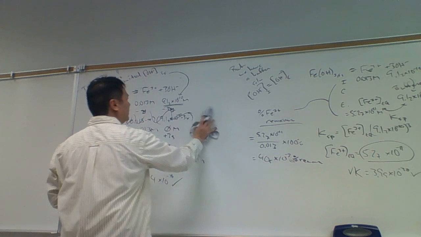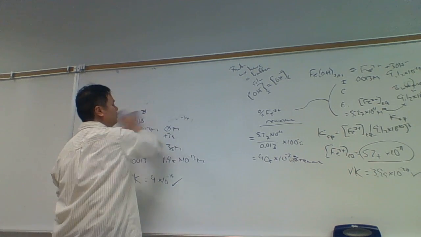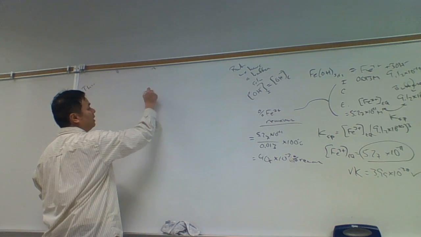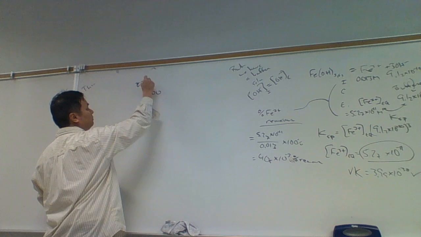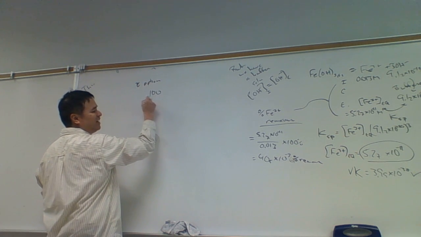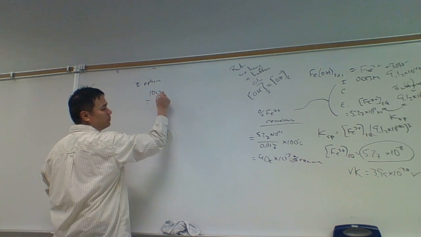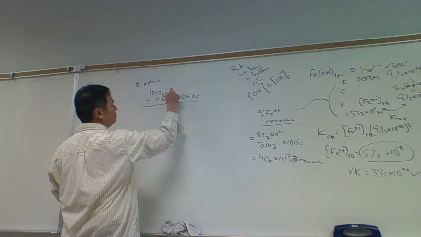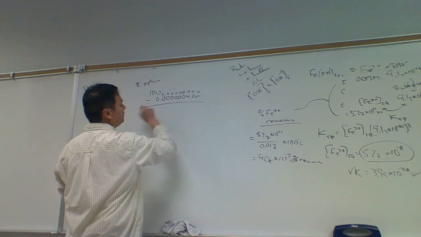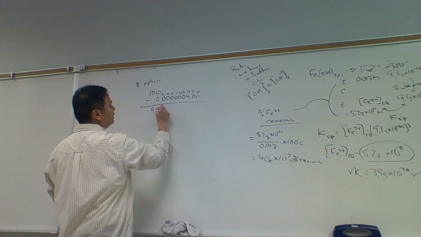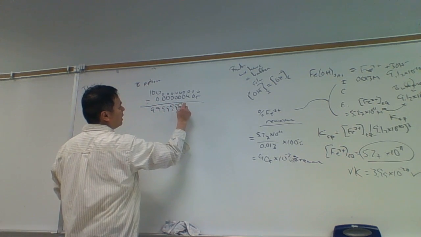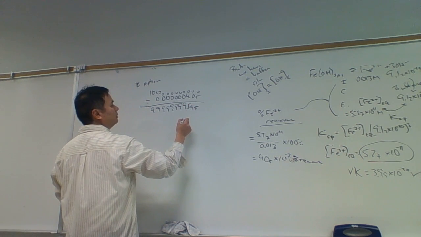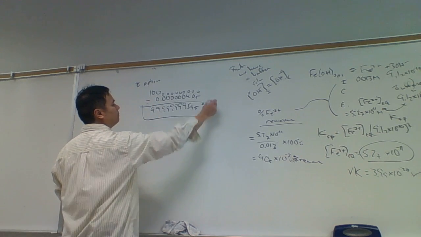All right, then we can calculate the percent iron 3 precipitated. Now the percent iron 3 that's precipitated is going to be 100 minus the amount that remains, so 99.9999595% precipitate.